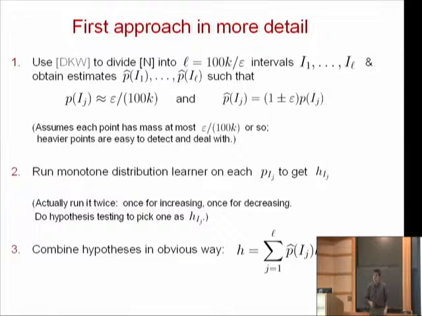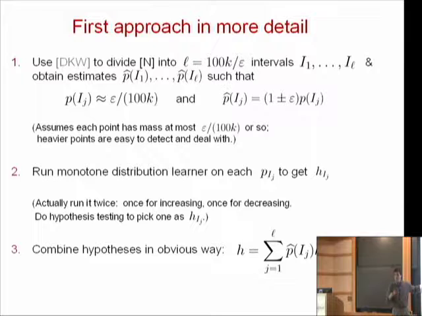Rishi, yeah? How do I ensure that the probability of each of those intervals is around epsilon over 100k? You don't know that. That's this DKW inequality. Remember, morally, it lets us, and in the next slide I'll talk about the number of samples we need for this. But you're right, there could be heavy points. I mentioned this earlier. There could be very heavy points which have mass more than epsilon over 100k.